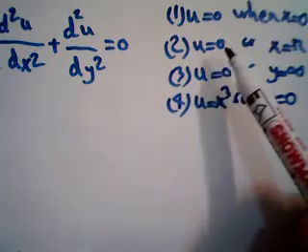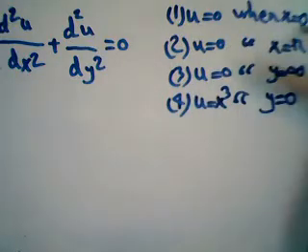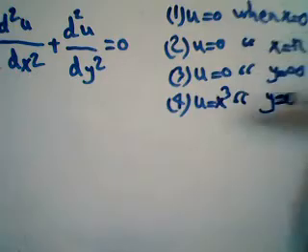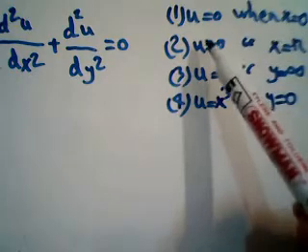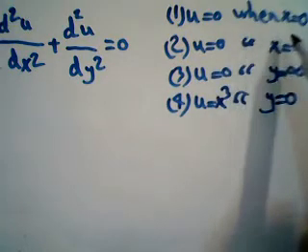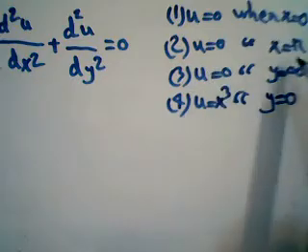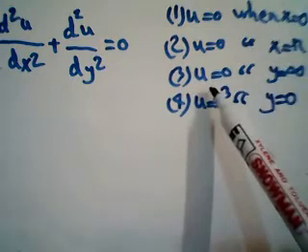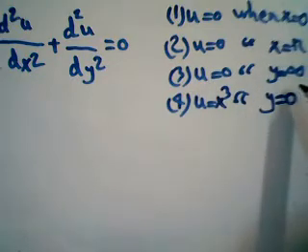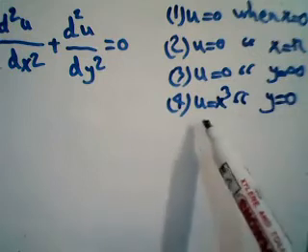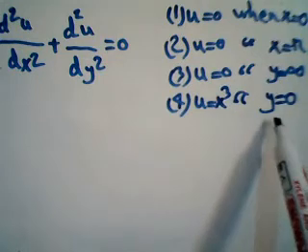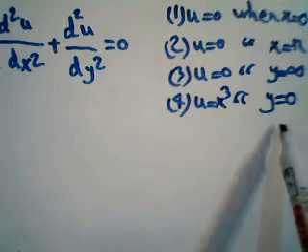And u should also satisfy these conditions. u should be 0 when x is 0, u should be 0 when x is pi, u should be 0 when y is infinity, and u should be x cubed when y equals 0.